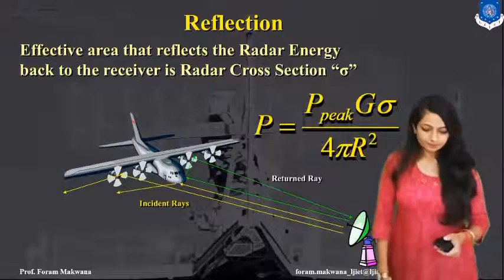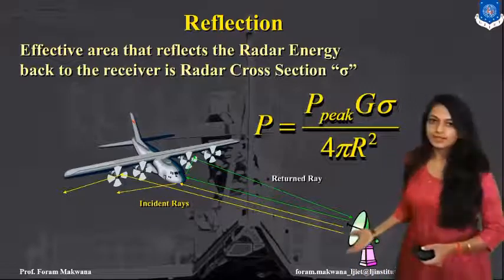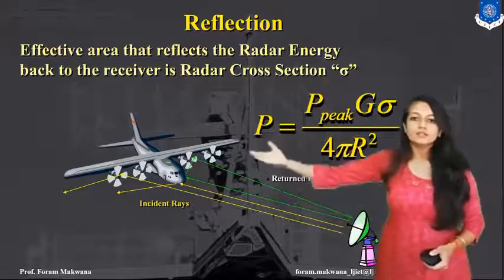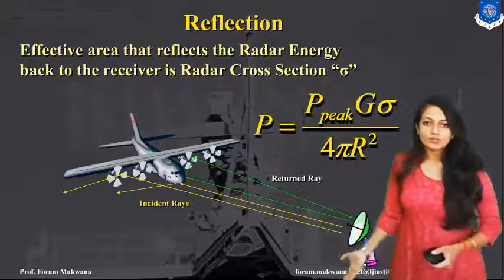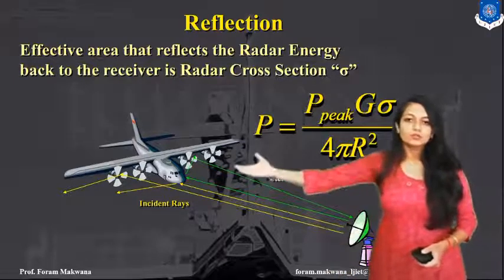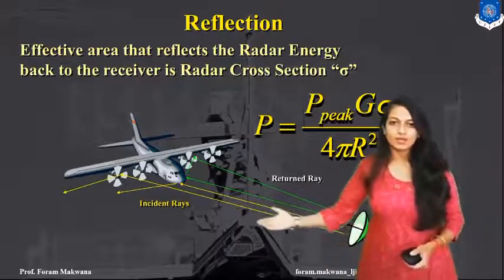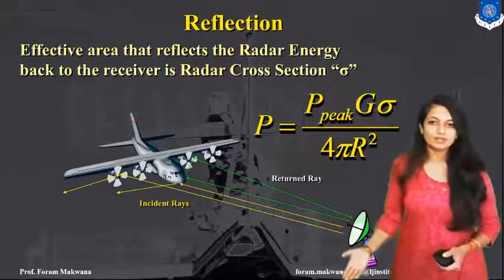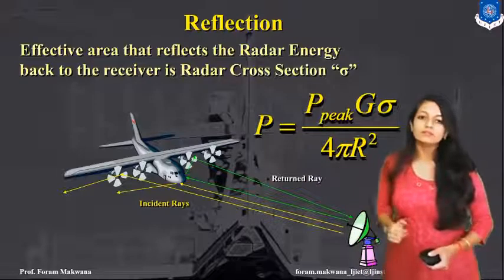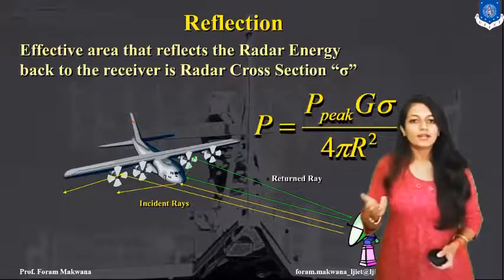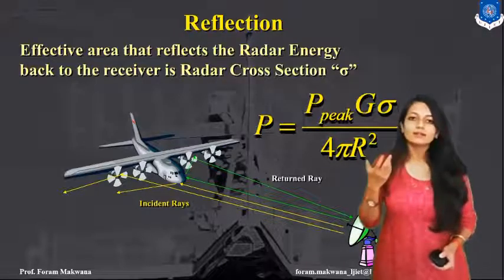You can see here that this is the radar antenna and this is our target, which is an aircraft. Radar transmits the signal to this aircraft. The yellow line is the incident rays, and the green line represents the return ray, that is the reflected signal. In terms of radar, it is the echo signal.